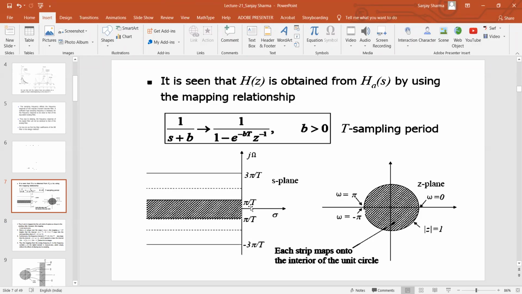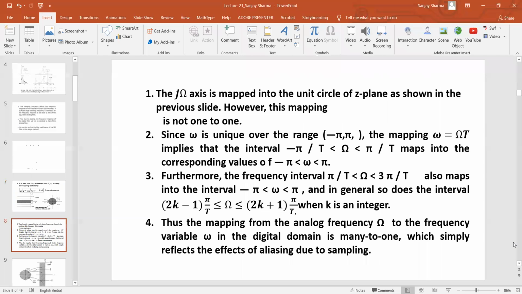But what is happening here? The strip from minus pi by T to plus pi by T is being mapped to the inside of the unit circle, and pi by T to 3 pi by T is also being mapped to the unit circle. So this is not one-to-one mapping. This is many-to-one mapping.